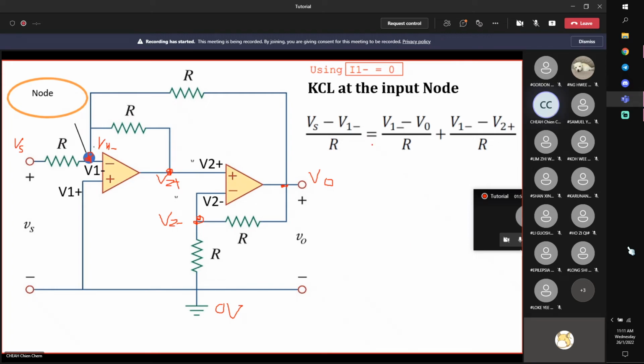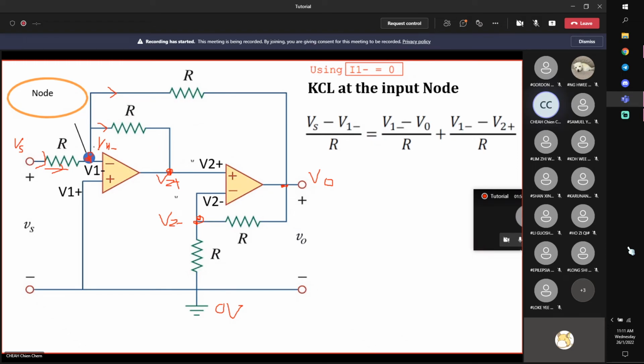Then I can apply Kirchhoff's current law at any node, for example this input node. Inflow equals outflow. The current flowing through this resistor is the voltage across it, Vs minus V1 minus, divided by R. Now for outflow, there are two here.